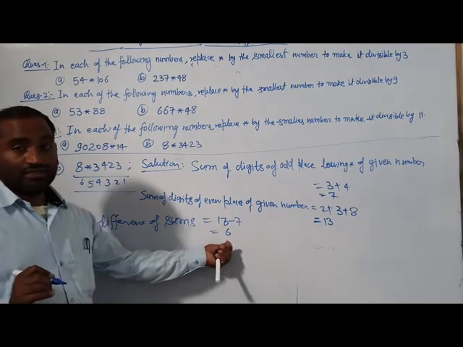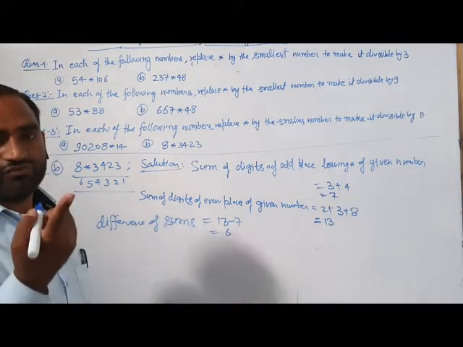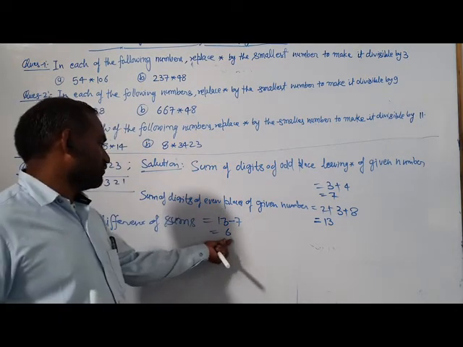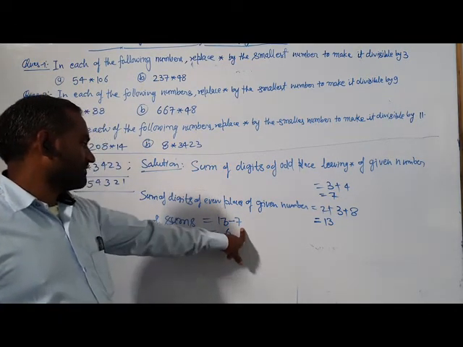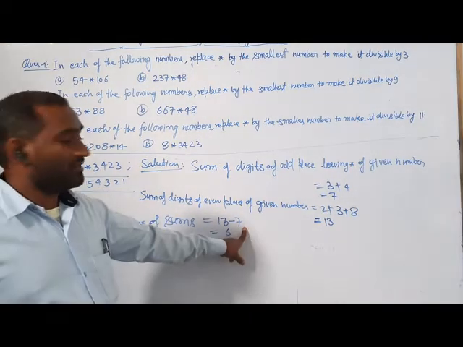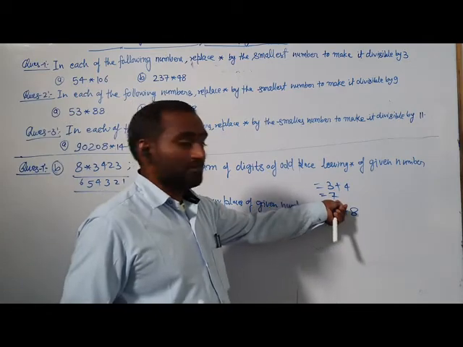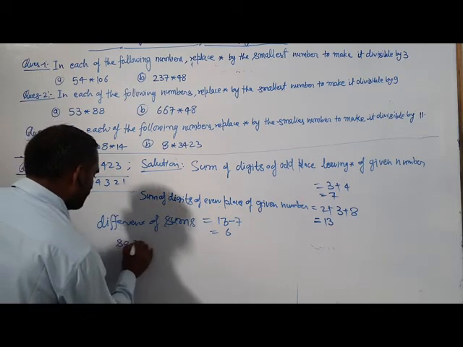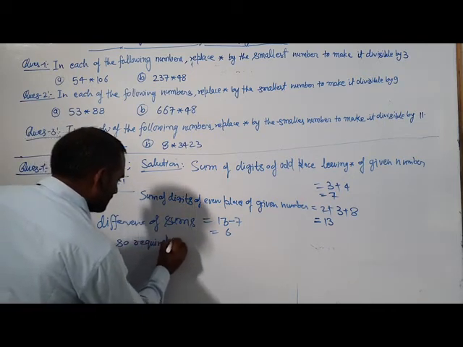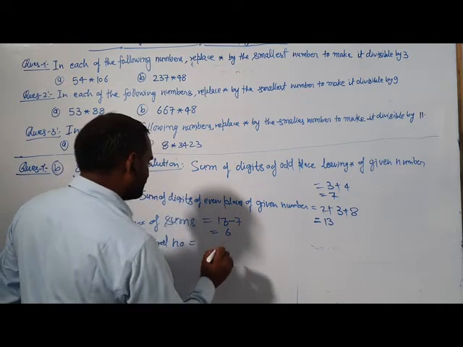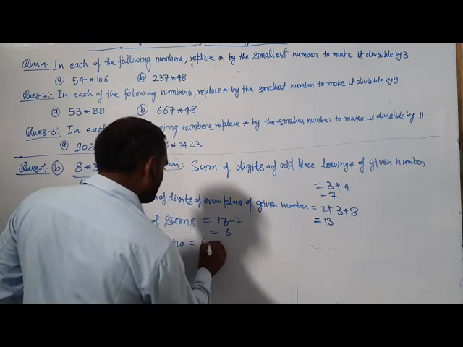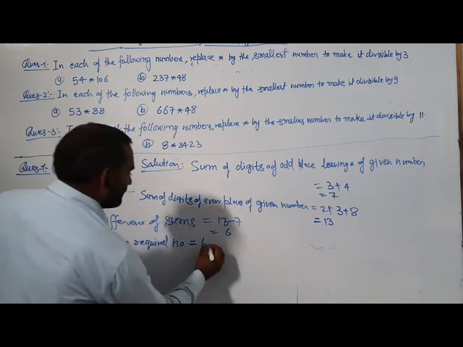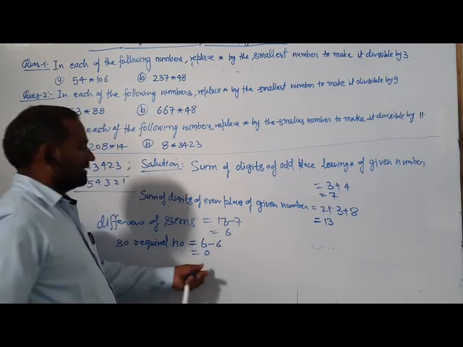This 6 should be either a multiple of 11 or 0. If it should be 0, then we have to add to the 7 and the 4. So the required number is 6, and 6 minus 6 is 0.